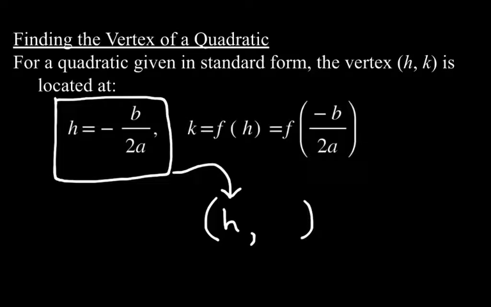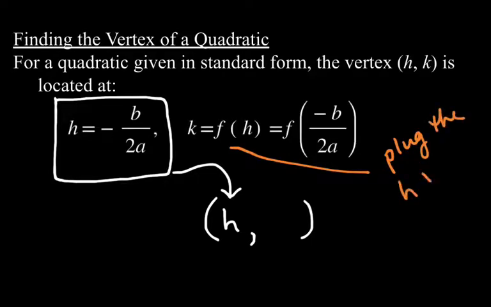Once we know that, and this part, I don't really like this. This is all a bunch of complicated stuff. At least it looks complicated. But all this means is, like you would make a t-chart, you plug the h value into the function.